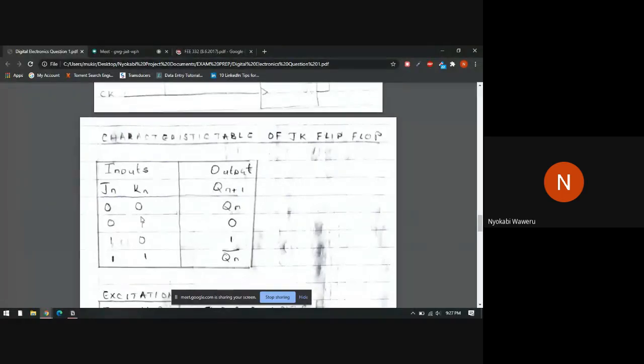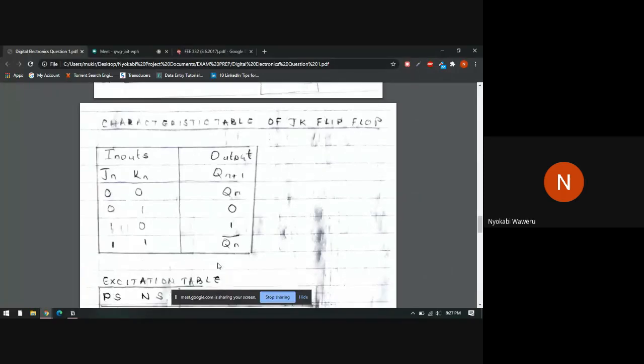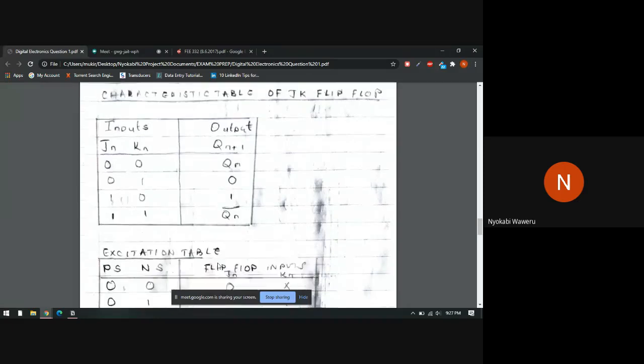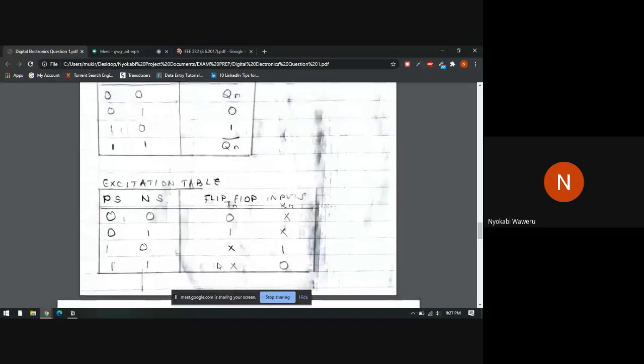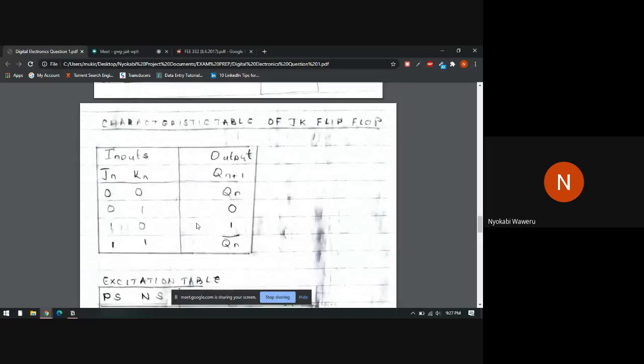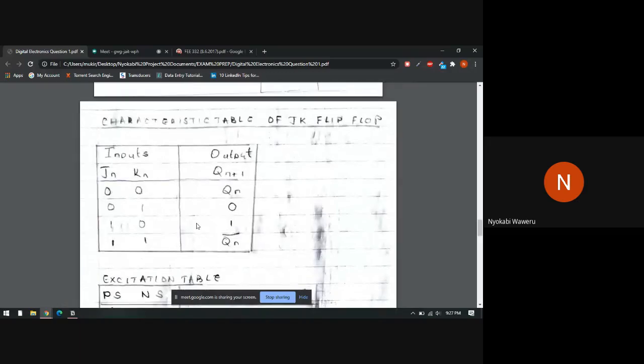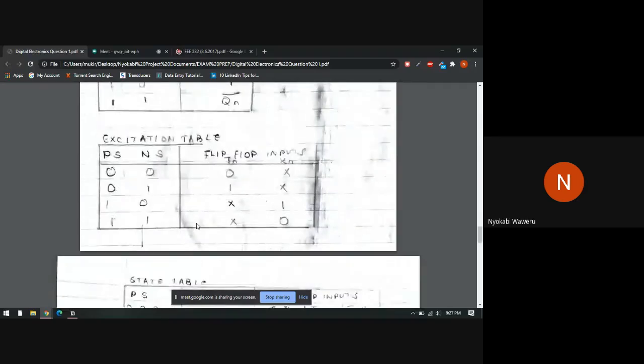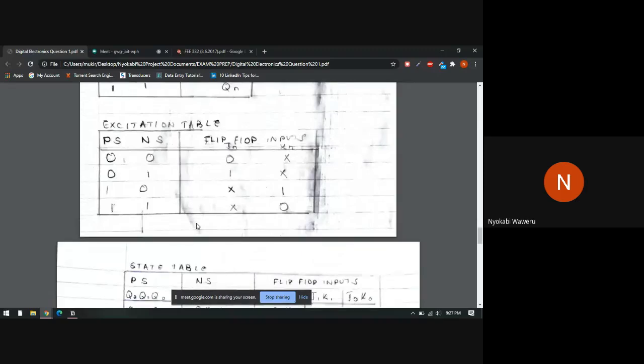And when J is 1, K is 1, Qn plus 1 is not Qn. Then now we have the excitation table. And remember from what we did last semester, the excitation table is based on the characteristic table. So that is our excitation table. I hope we're okay until there. If you have any question, just feel free to interrupt me.